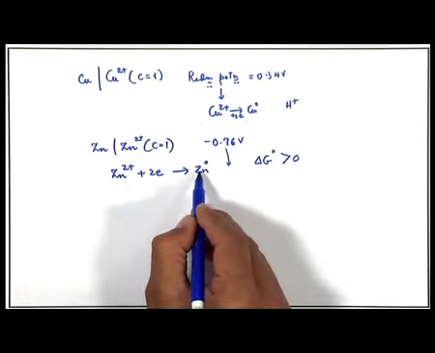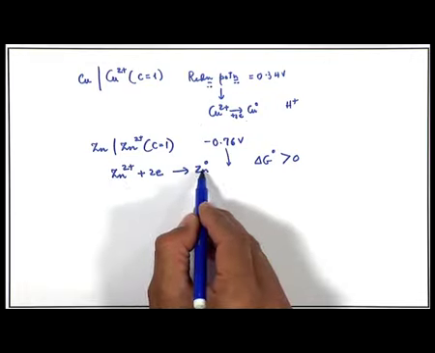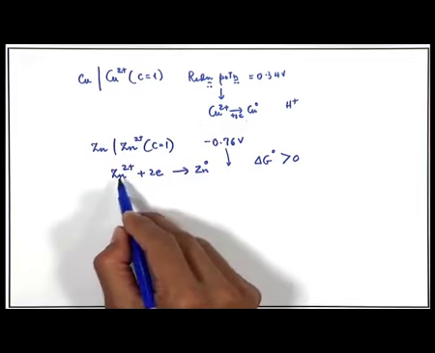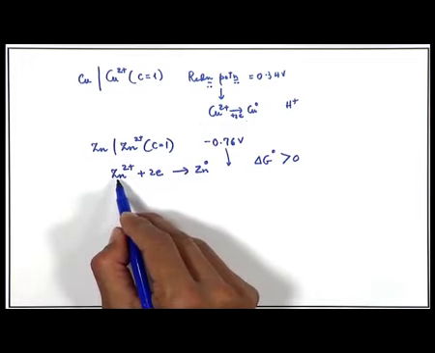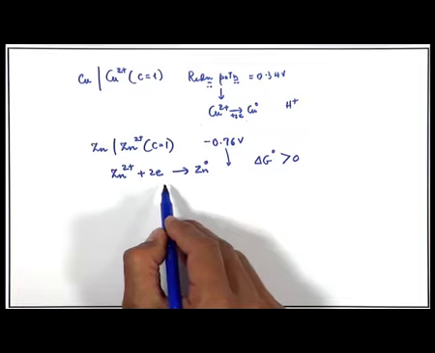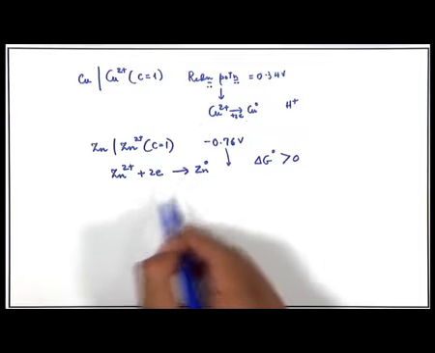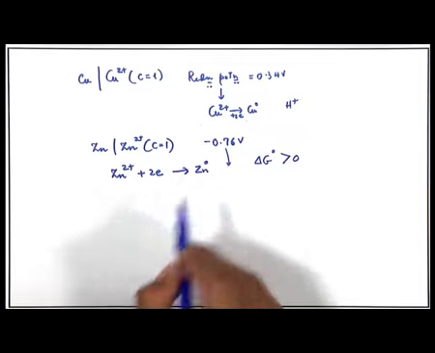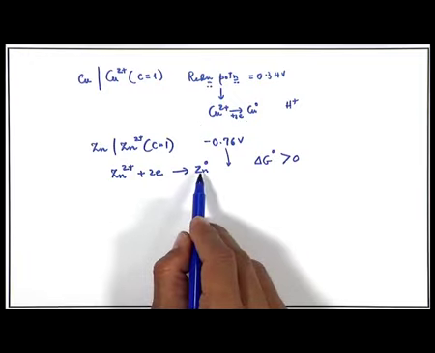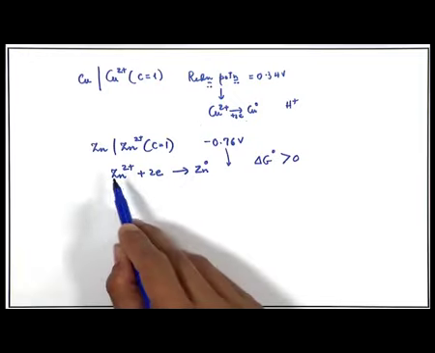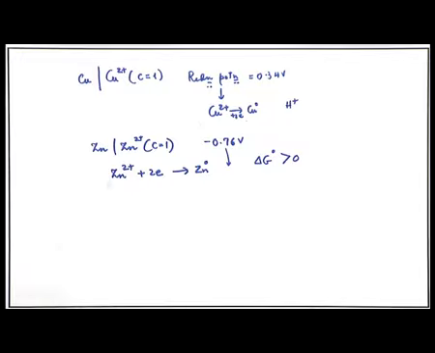Zinc will dissolve in HCl producing hydrogen; zinc will reduce H+ to hydrogen, and in acidic condition zinc will be oxidized to Zn2+.